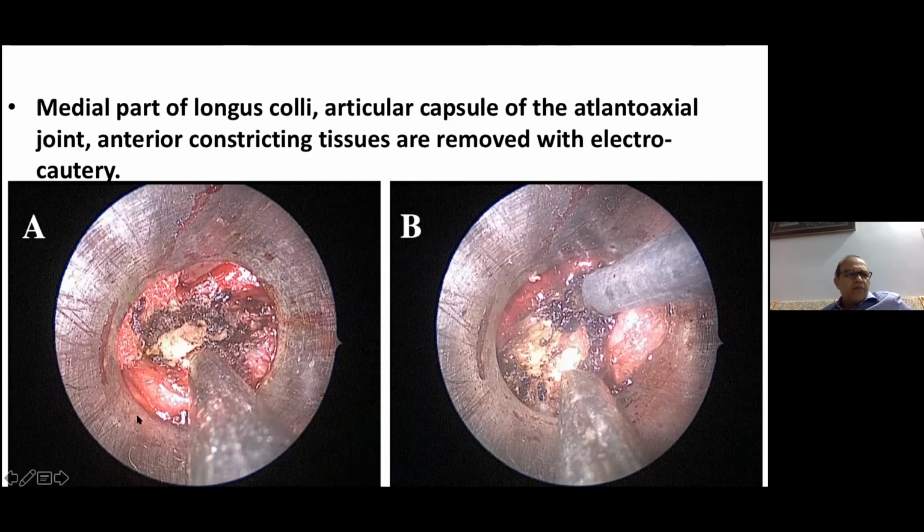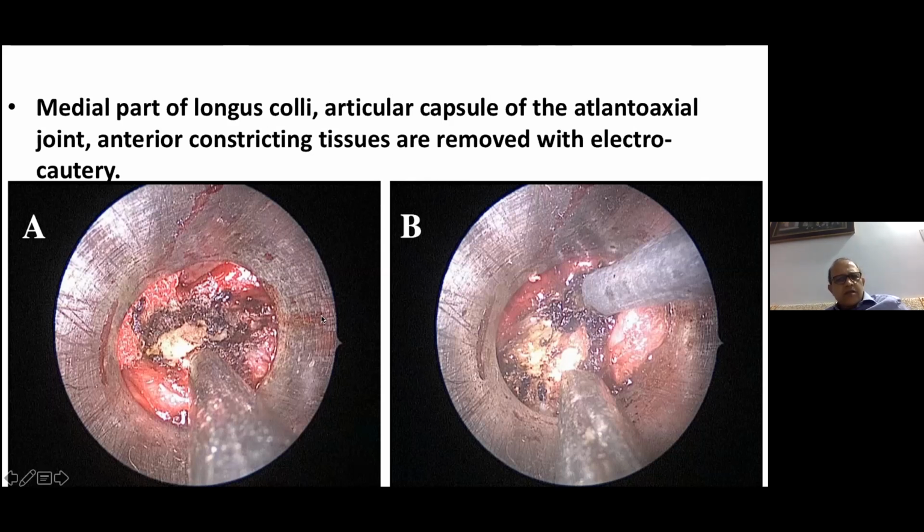So the medial part of the longus coli muscle is coagulated or removed so that you can identify both the facet joints on either side, C1 anterior arch superiorly, and C2 whole vertebral body and the lateral mass also.